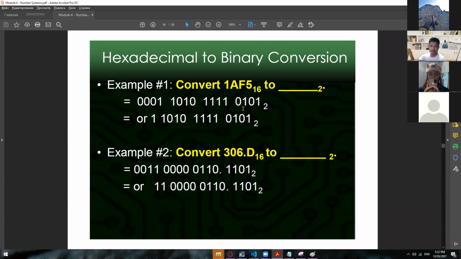Okay, so we have another example wherein D is A, B, C, D, 13. So it's 13 in decimal. All you need to do is come up with a 4-bit binary which is equal to 13. So 8 plus 4 is 12, and then you need one more, so plus 1, which is now equal to 13, or letter D. You don't want to forget the decimal right here, so just put decimal.